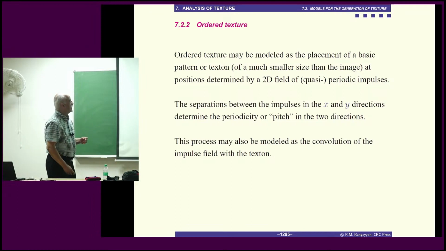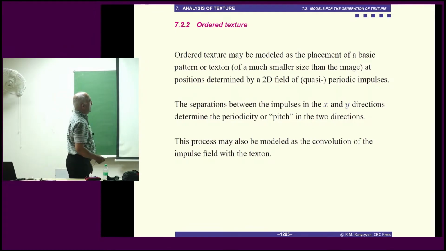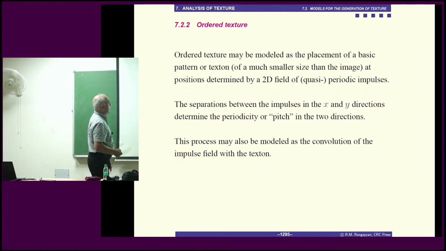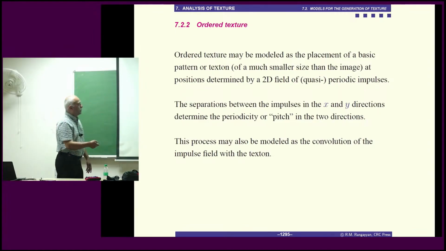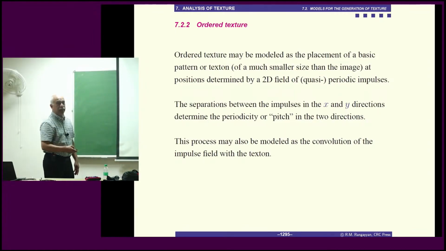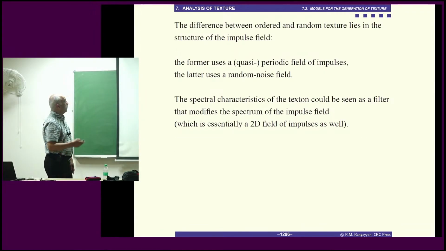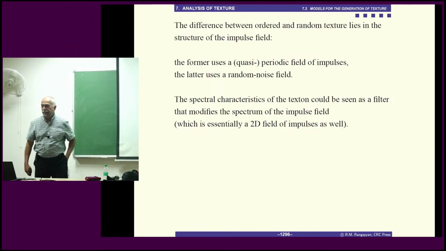Ordered texture, as I said, you are just placing the same pattern, and you can say there is a certain pitch or repetition rate or distance of separation between the copies of the texton you place in the x and y directions. And that is also convolution of the impulse field with the texton. So the difference between the ordered and the random texture lies in the structure of the impulse field.